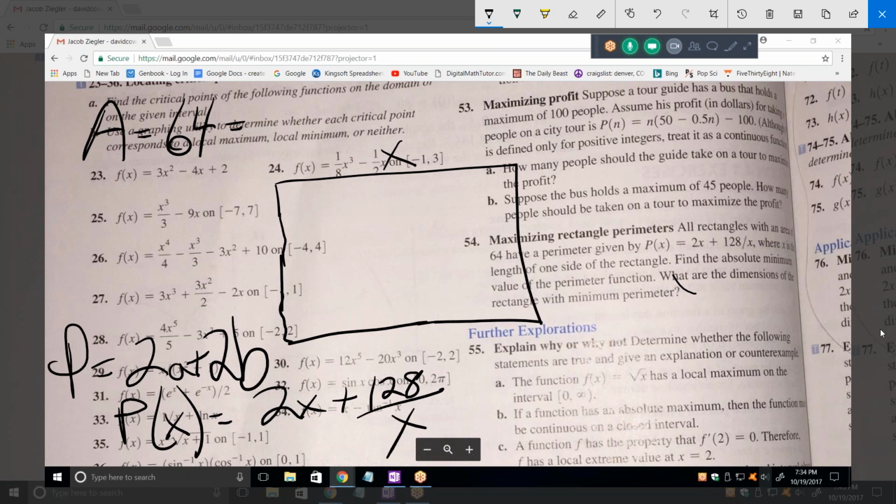Okay? Now, the perimeter is a function. It's 2x plus 128 divided by x. If I take the first derivative of the perimeter function and set it equal to 0, I'm going to find minimums and maximums of that function.